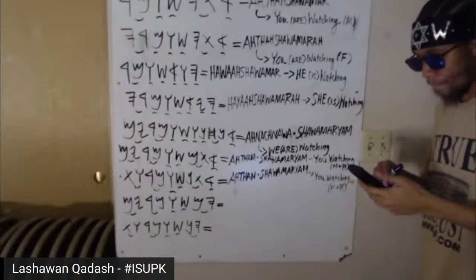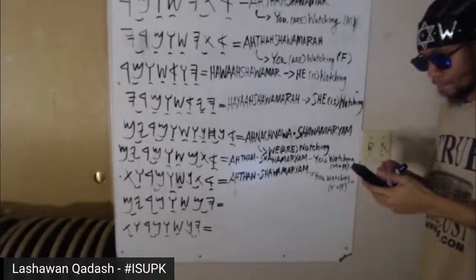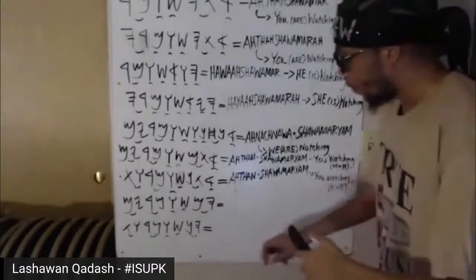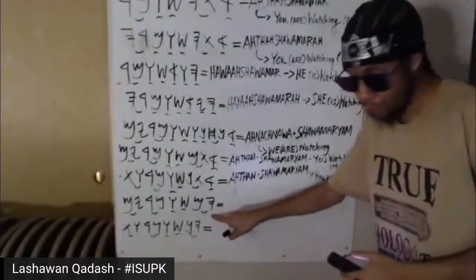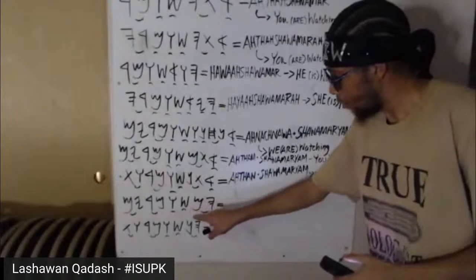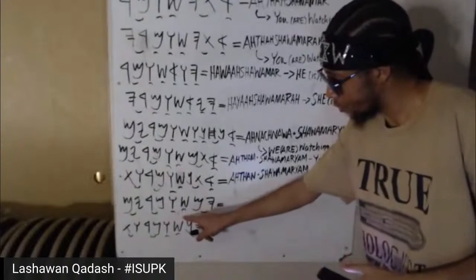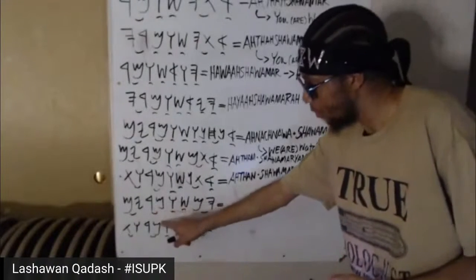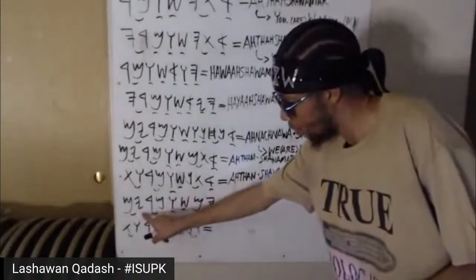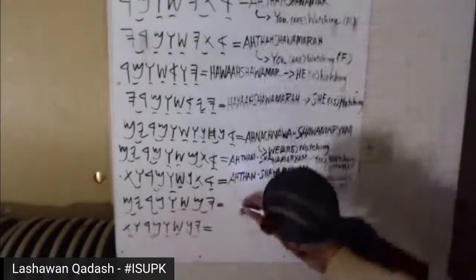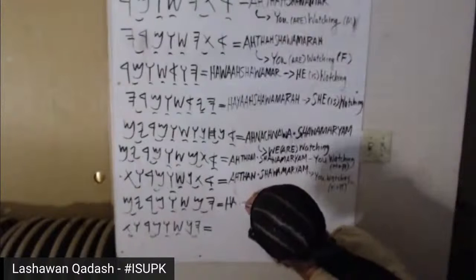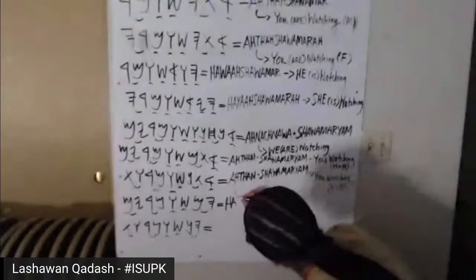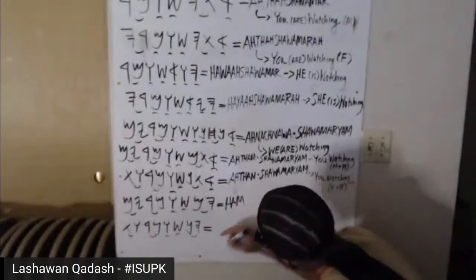You have the huh, you have the ma, the sha, the wa, the ma, the ra, ya, and ma. The ha is connected, of course, so it's going to be ham.